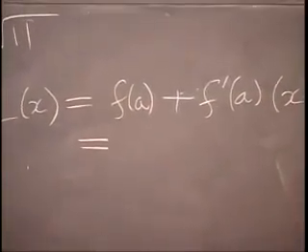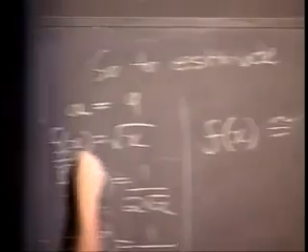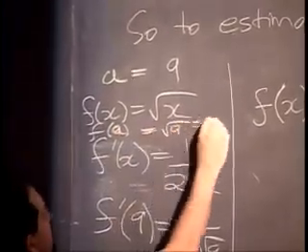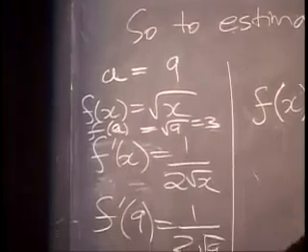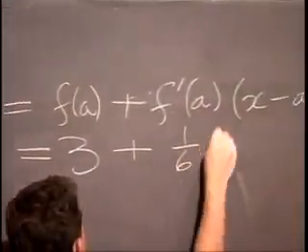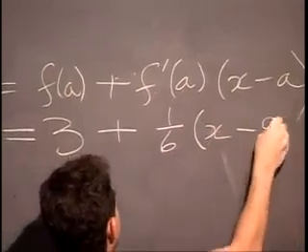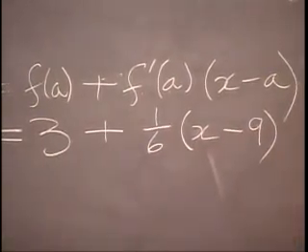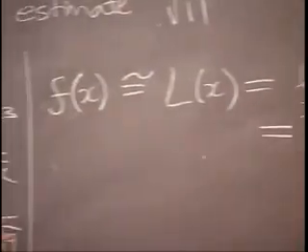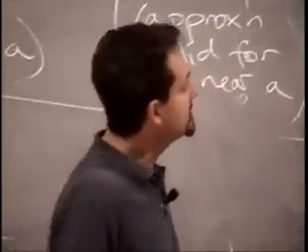Oh, I could even put this over here first. f of 9, f of a equals root 9 equals 3. So this is 3 plus the derivative 1/6 times x minus 9. And actually, even though before I wrote it as 1/6 x plus 3 halves, I kind of like this form better. I like it unsimplified, because this really shows you that it's 3 and a bit.